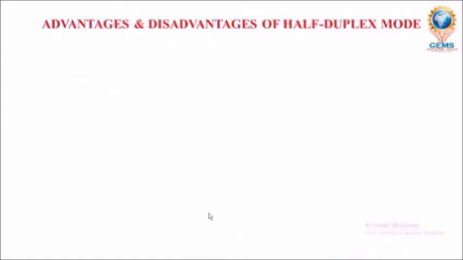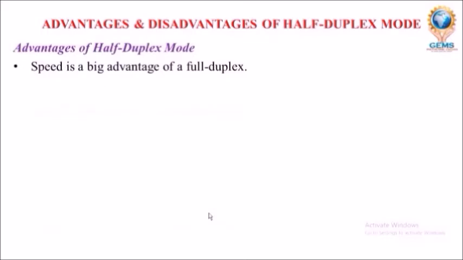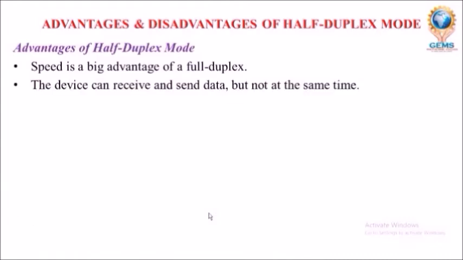Let's take some advantages and disadvantages of this type of transmission mode, that is half-duplex. The first advantage is that speed is big as compared to simplex mode, right? Speed is a really big advantage, it is better than your simplex mode.